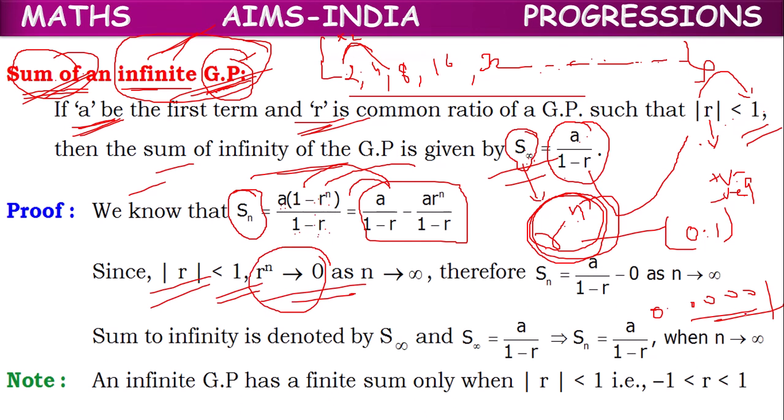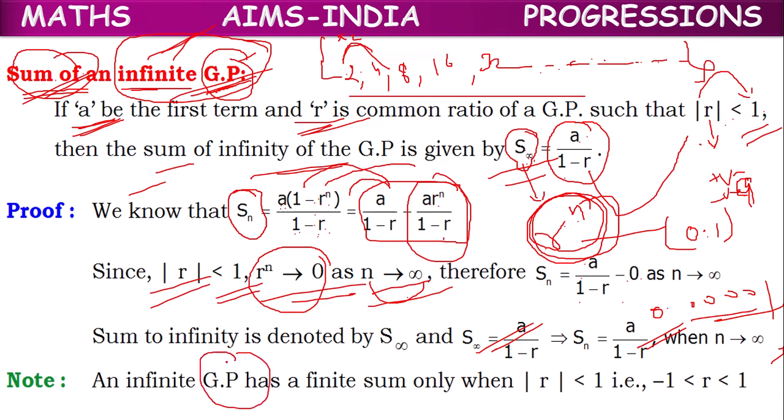When n is a normal number like 9, it is very much less than 1. But if n is infinity, then definitely it will reach 0. So as r power n is 0, the second part becomes 0, and we will have a by 1 minus r minus 0, which is equal to a by 1 minus r. So this is the formula for sum of infinite terms of GP.